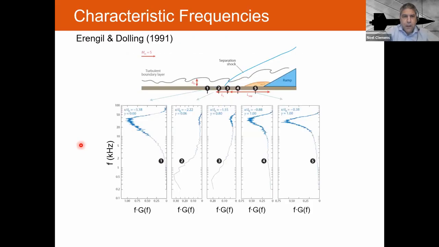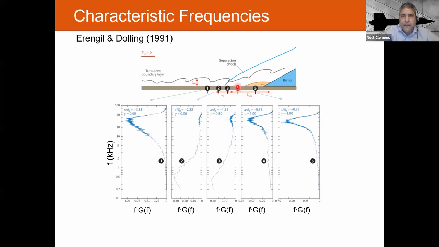Okay, so this is going back in history. This is from Erengil and Dolling in 1991, and it exemplifies some of the problems or issues with these interactions.